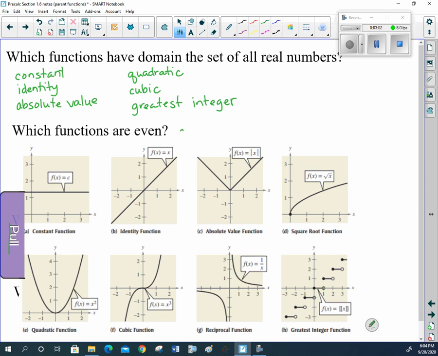So we've got the constant function, the absolute value, the quadratic, and the, let's see, cubic function, no, reciprocal function, no, and greatest integer function. So I guess just those three. All right, let's see what our next question is.